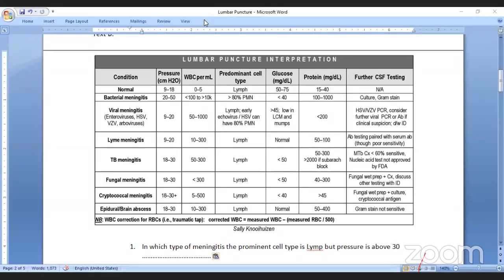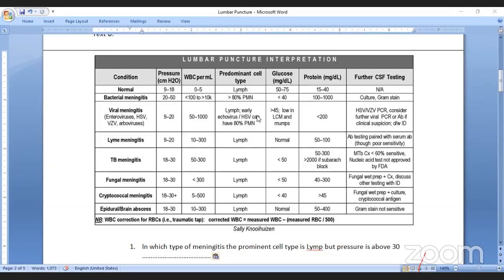Bacterial has pressure above 30, but you cannot see the prominent cell type as lymphocyte there. Even though the pressure is above 30, the prominent cell type is not lymphocyte, so bacterial meningitis is wrong.